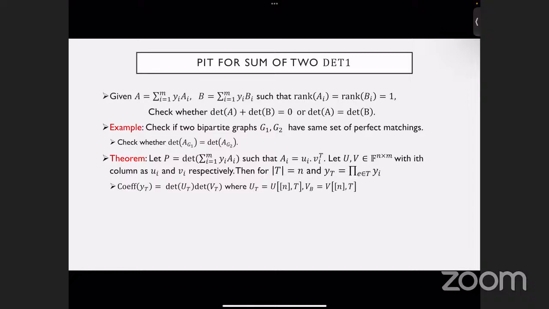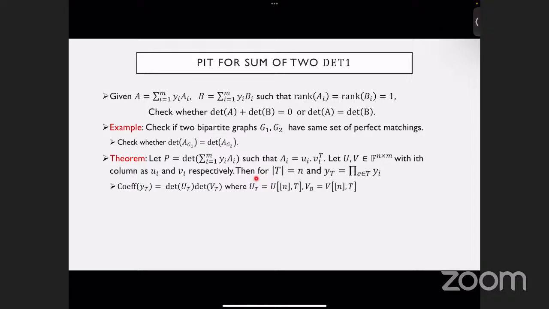Now, since each AI has rank 1, it can be written as a dot product of two vectors. And let U and V denote n cross m matrices such that the ith column of U is UI, and the ith column of V is VI.